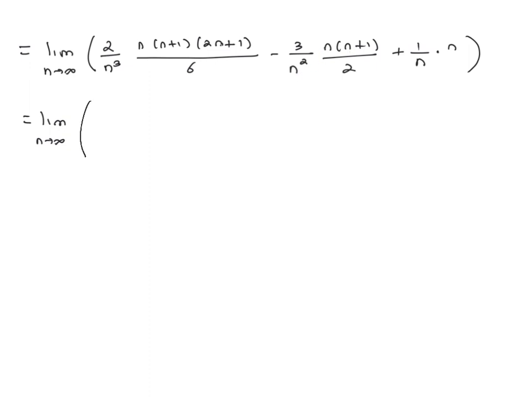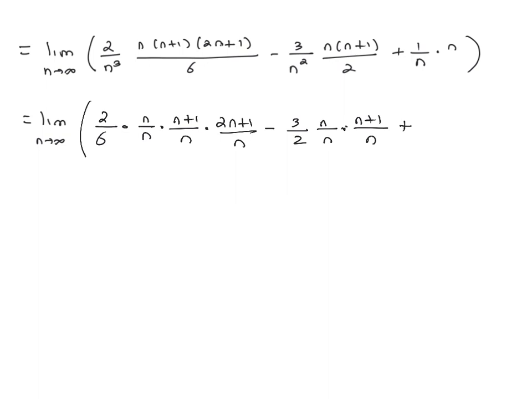So this whole thing is 2 over 6 times n over n times n plus 1 over n times 2n plus 1 over n minus 3 halves n over n times n plus 1 over n, and then plus, you could just write this as n over n. Now, any n over n simply cancels, and those are all just going to be equal to 1, which I don't even need to write for these 2 terms here.